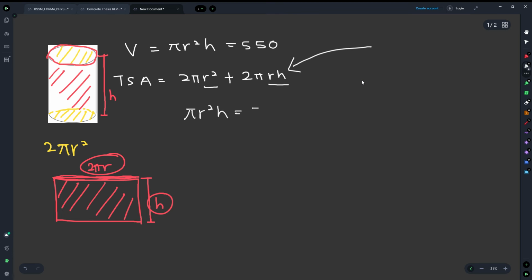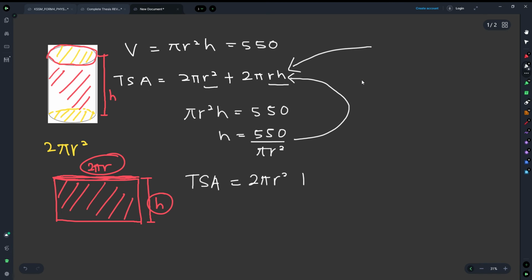So pi r square h is 550. That means the height should be 550 over pi r square. You can take this term and substitute inside here, which makes your total surface area equation equivalent to 2 pi r square plus 2 pi r, and then the h is 550 over pi r square.